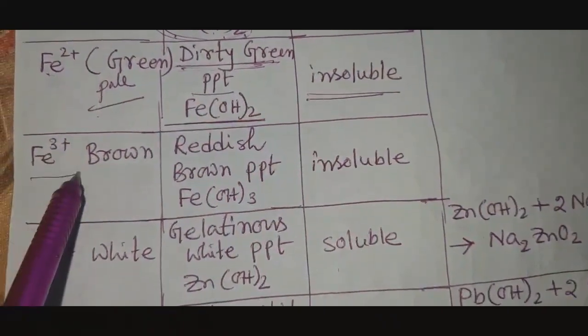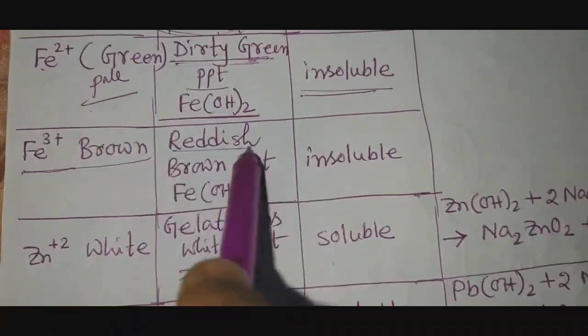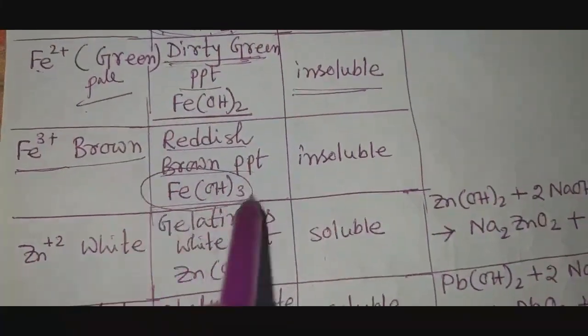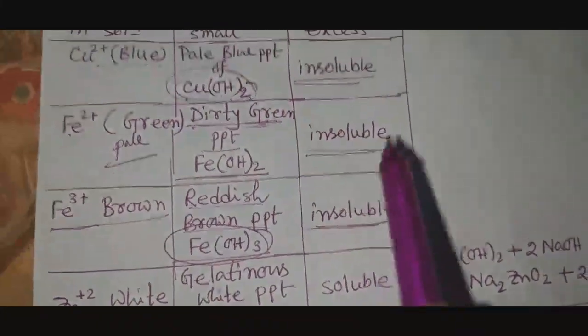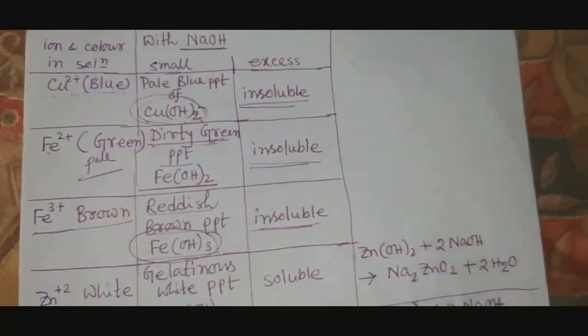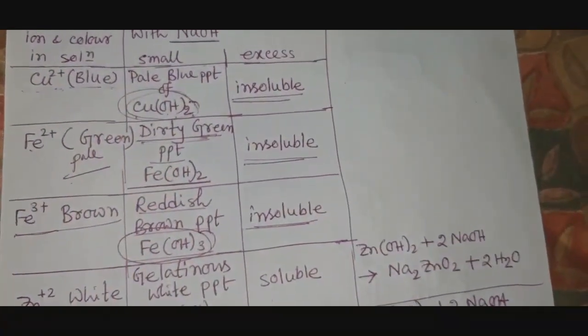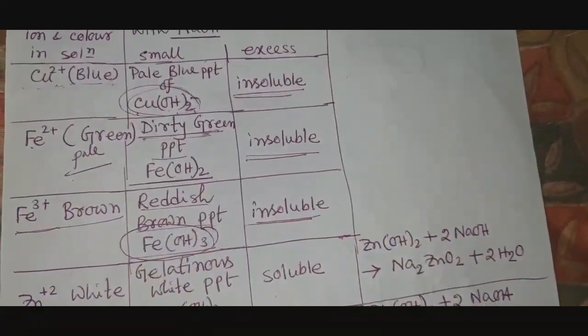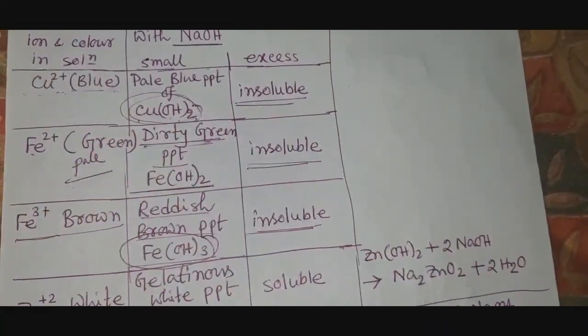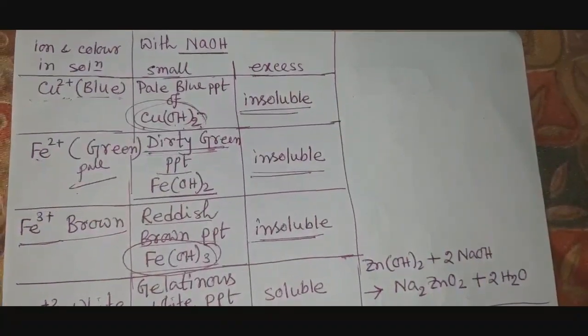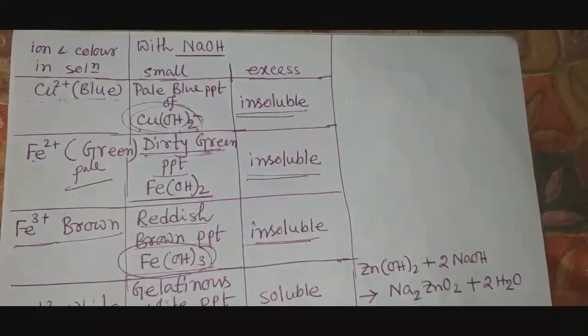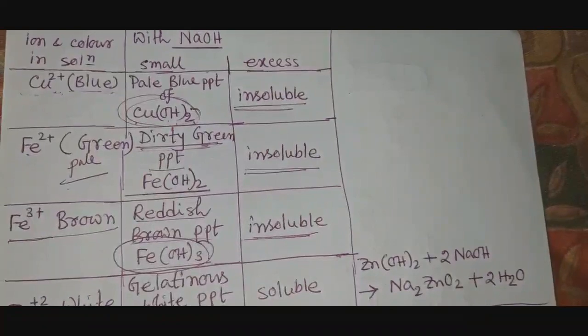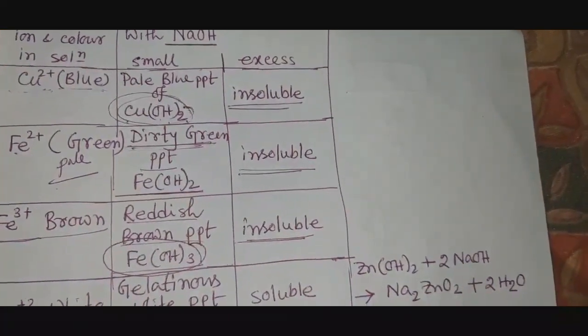If I take Fe3+, brown color, a reddish brown precipitate of Fe(OH)3 forms, also insoluble. So for the first 3 colored salts, just remember the color: copper blue color forming pale blue precipitate, ferrous green color forming dirty green precipitate, ferric brown color forming reddish brown precipitate, and all the 3 are insoluble in excess of sodium hydroxide.